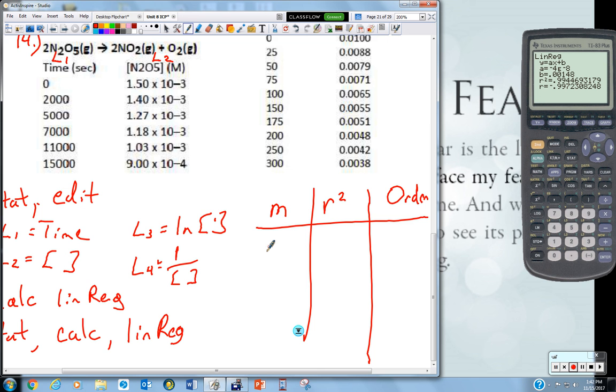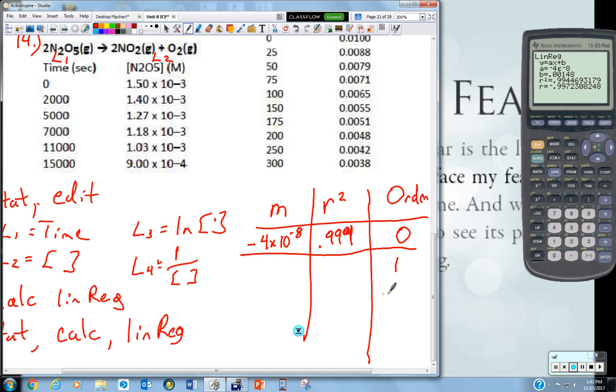So our slope on this one is going to be our A, so our slope is negative 4 times 10 to the negative 8. Our R squared is 0.994. And then the order is, this one was the 0 order because it was just concentration.